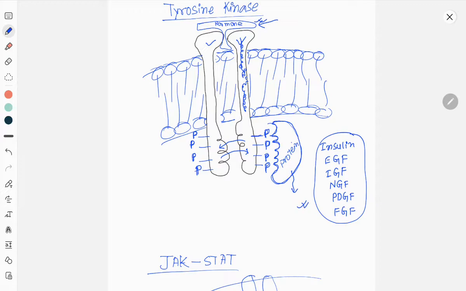This is very important. There are certain drugs which end with tinib.